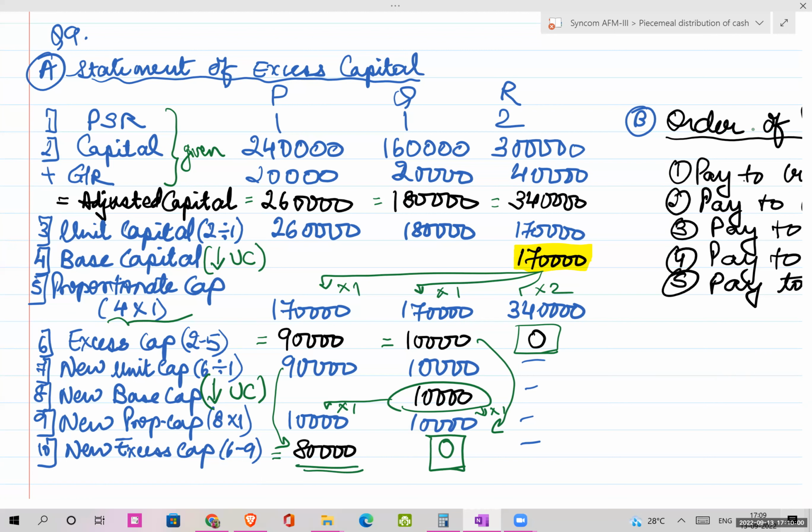So this person has contributed the highest capital. जबकि when you look into the sum, capital is 2,40,000, 1,60,000, 3,00,000. This is 3 lakhs.